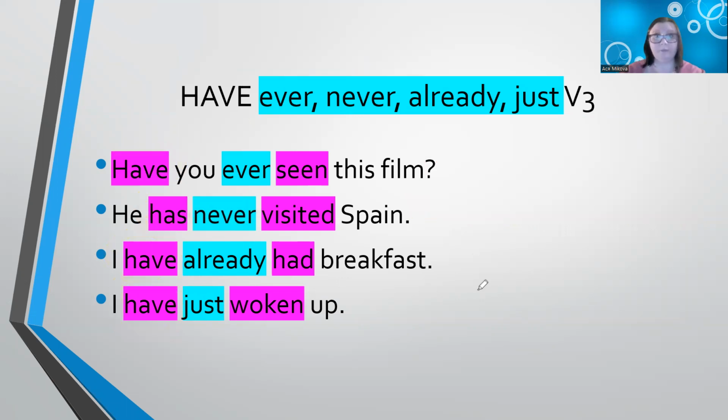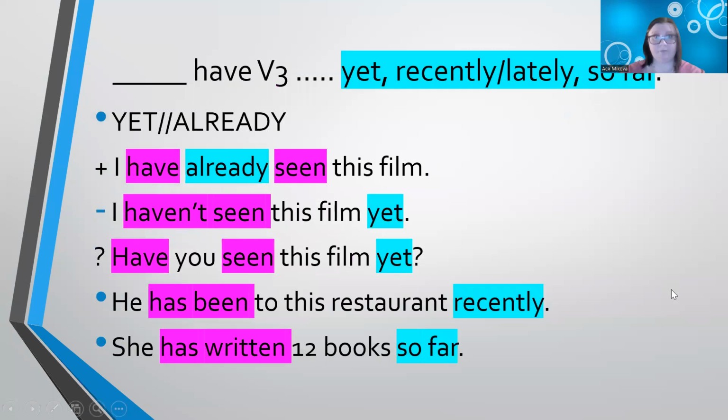Let's go on and find out about some more words. Here, yet, recently or lately, and so far. These words we use at the end of the sentence. And to speak about yet, we need to remember already.